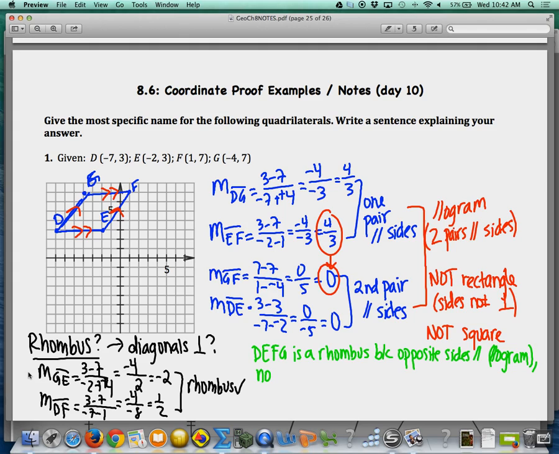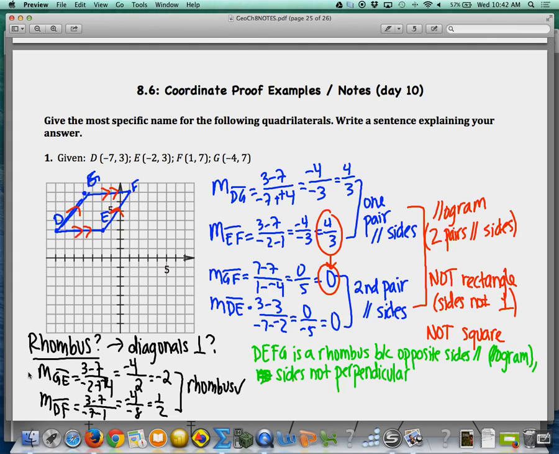Then we said the sides are not perpendicular. Sides are not perpendicular. What did that tell us?